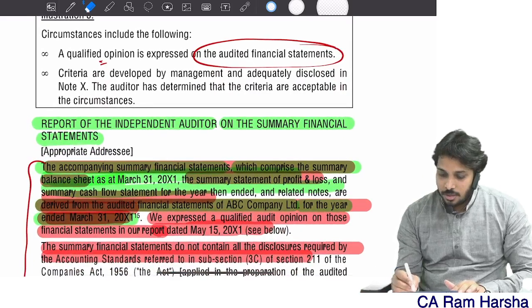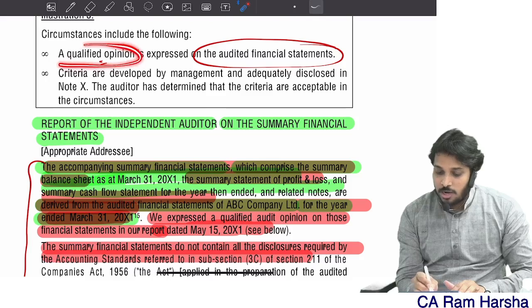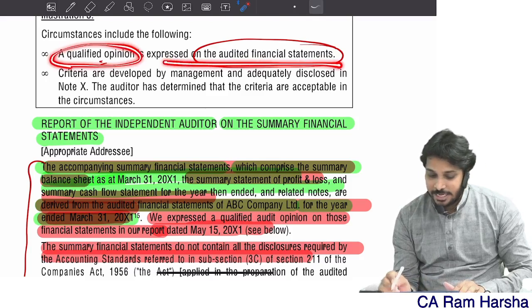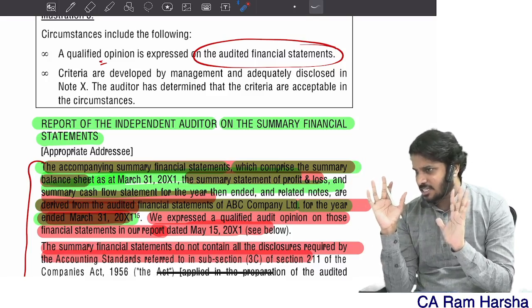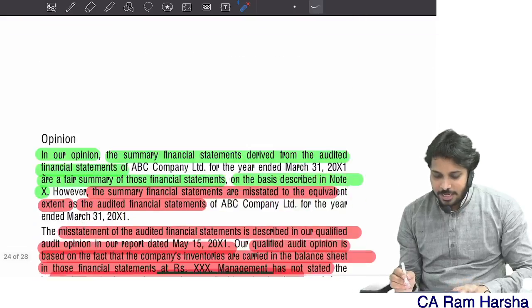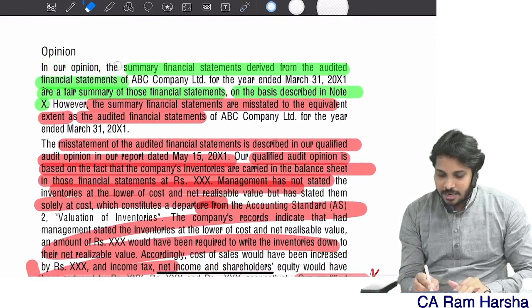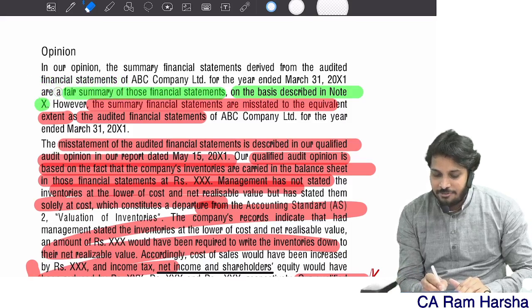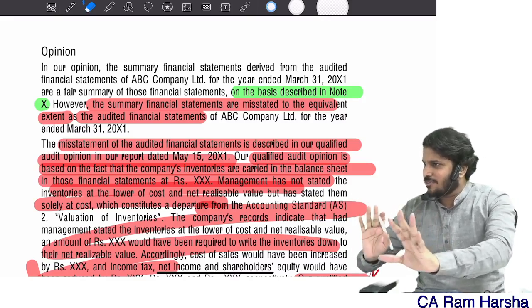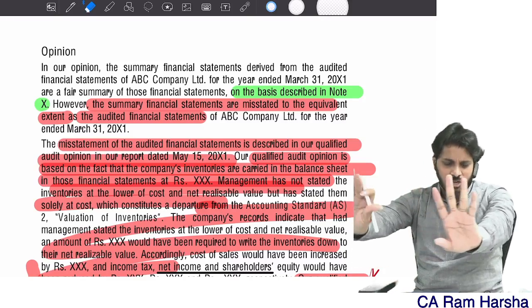Suppose a qualified opinion is expressed on the audited financials, and by the way, the summary financials match the audited financials. What opinion is the auditor giving here? In our opinion, the summary financial statements derived from the financials of ABC company are a fair summary. Same positively we are saying, they are a fair summary, don't worry.